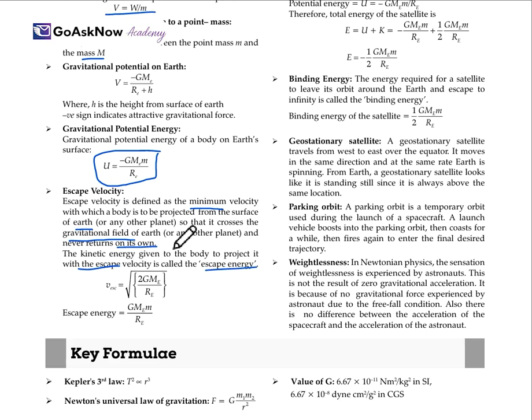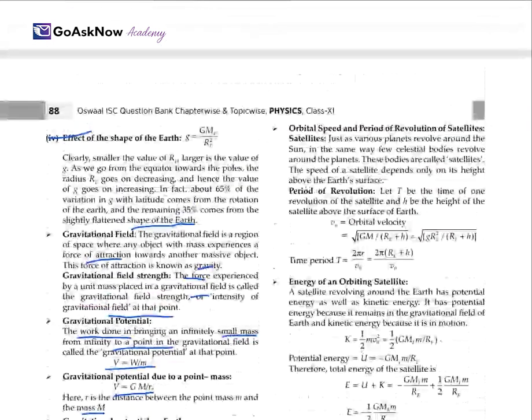The equation will be V_esc equal to the square root of 2GM_e upon R_e, where R_e is the radius of Earth and M_e the mass of Earth. So the escape energy is equal to GM_e m upon R_e.